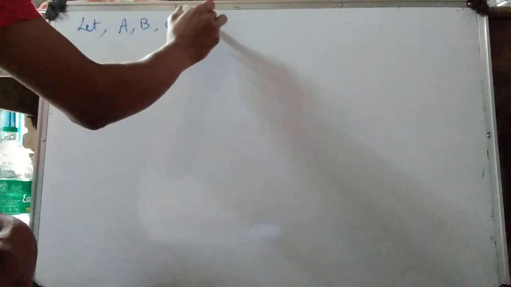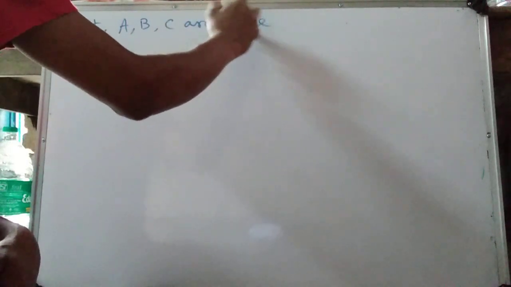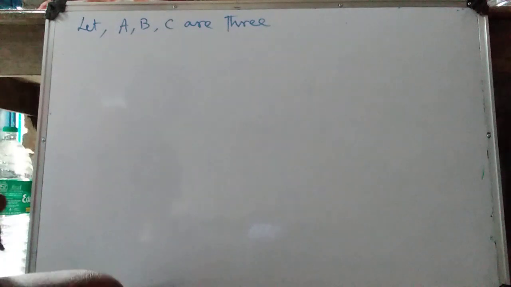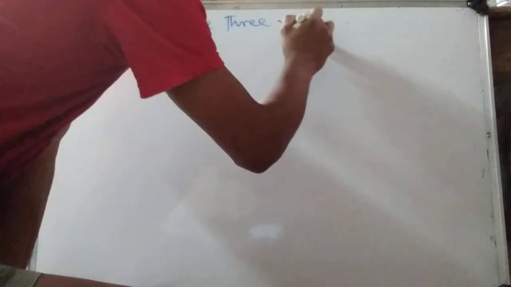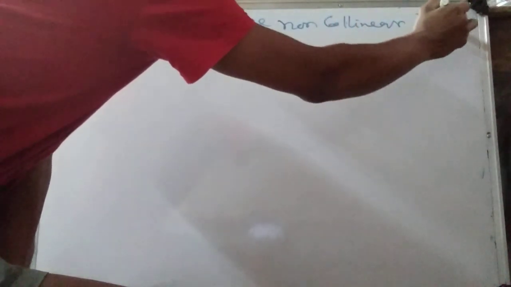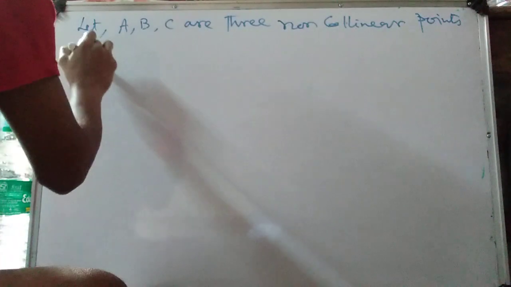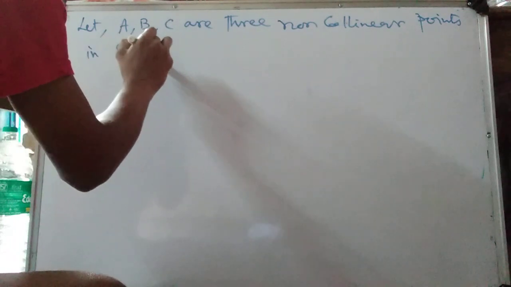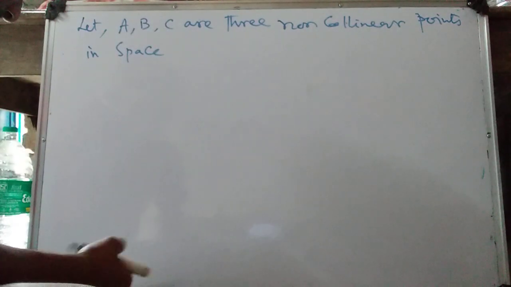What happened? That means A, B, C are 3 non-collinear points in space. Let A, B, C be 3 non-collinear points in space. Then what happened?